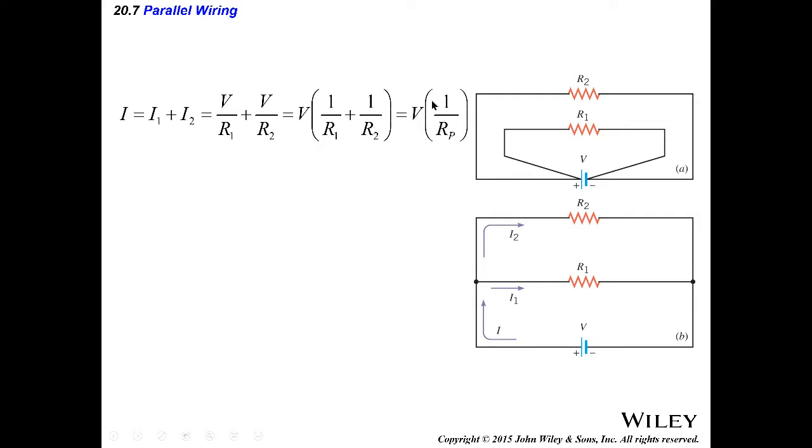So it's like V times the effective resistance. So for parallel resistors, the formula is 1 over R effective equals 1 over R1 plus 1 over R2 plus 1 over R3, and so on. All right.